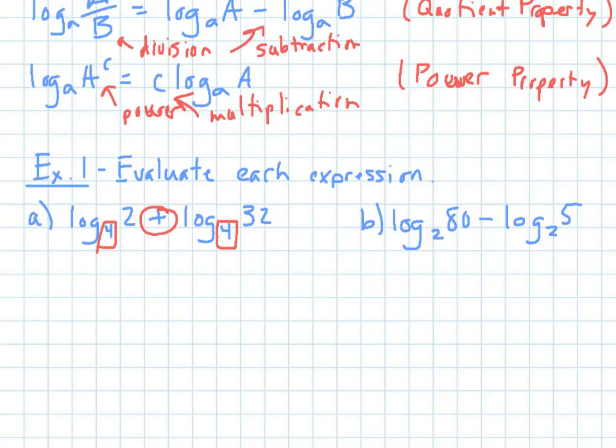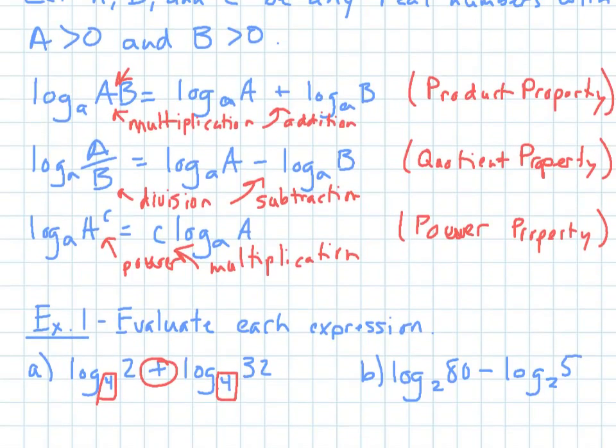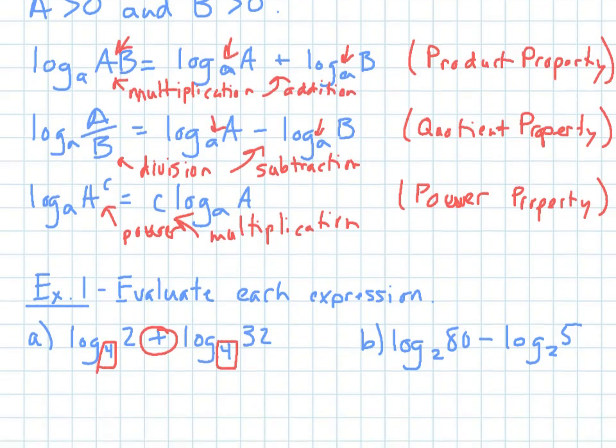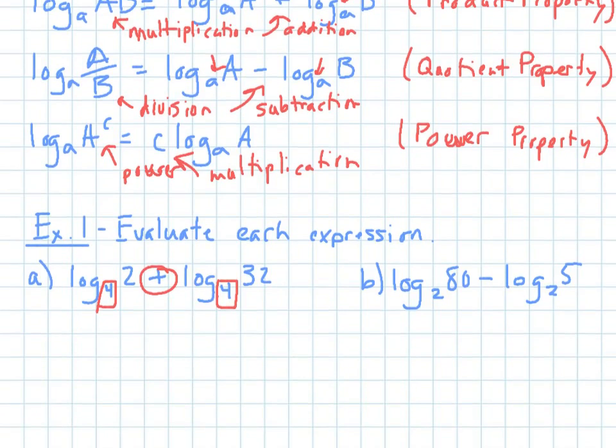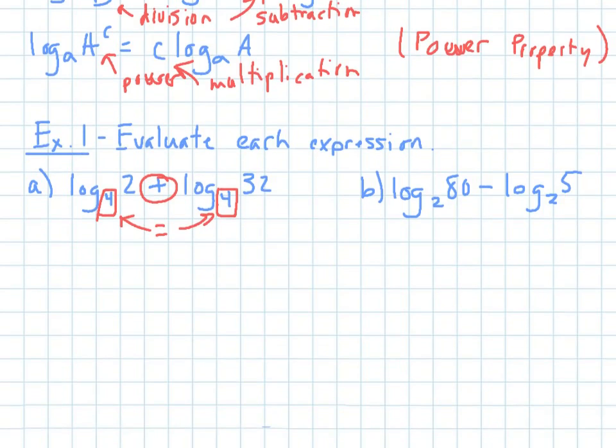Because if your bases do not match, you cannot use these properties in the same way. It's kind of like asking whether they are like terms if you were talking about polynomials. So since my bases are equal to one another, then I can use my product property.